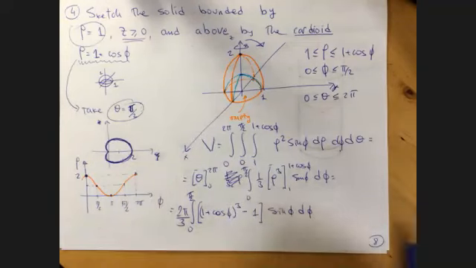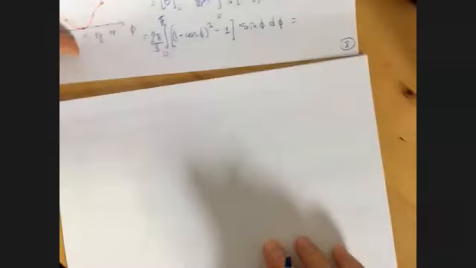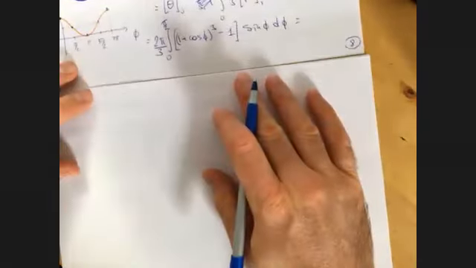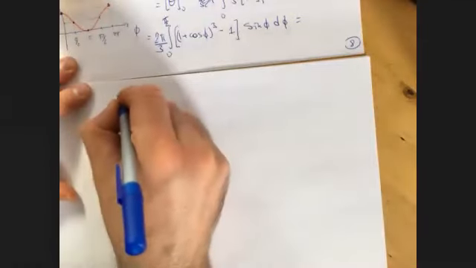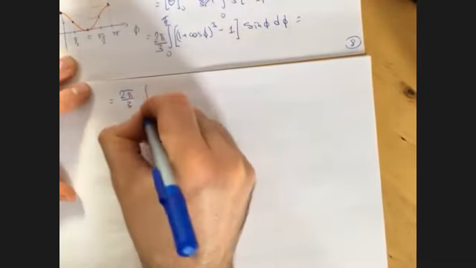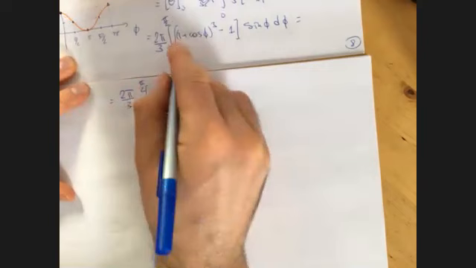So here, this is equal to 2 pi over 3, integral from 0 to pi over 2.